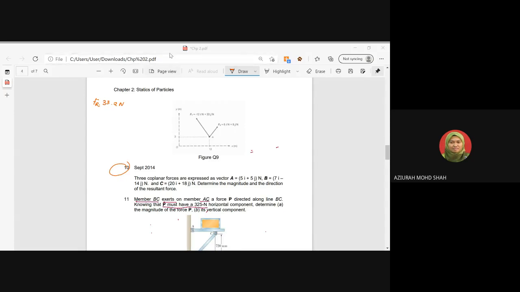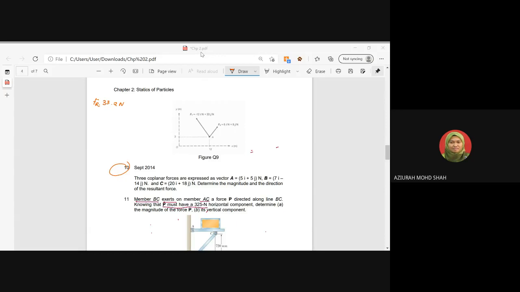Okay, so we check. Because we know that this in vector, we use I and J. So, we know that I is X component, J is Y component. We just do the summation for all X component. So, 5I plus 7I plus 20I.